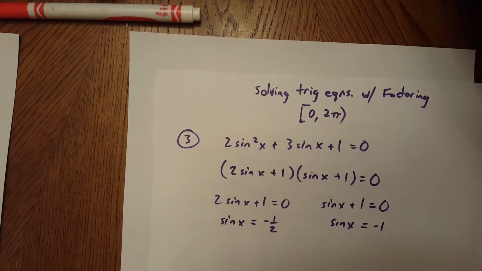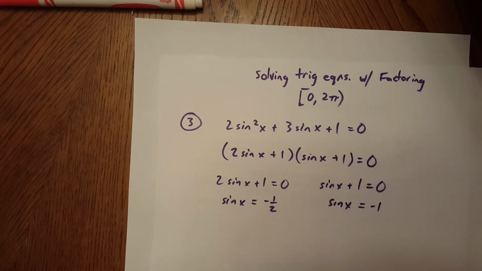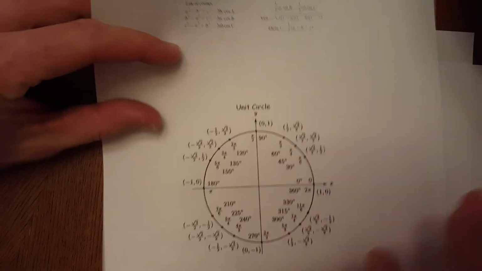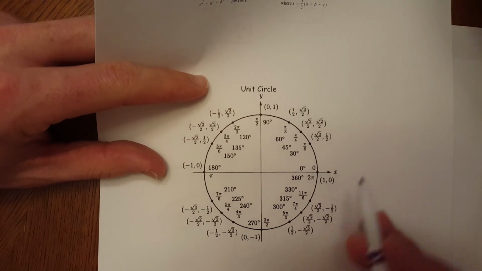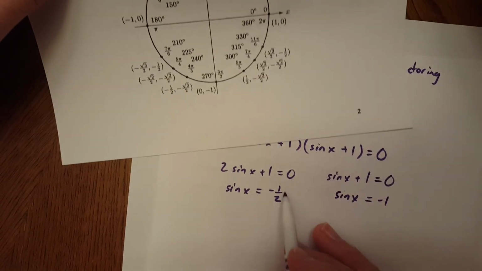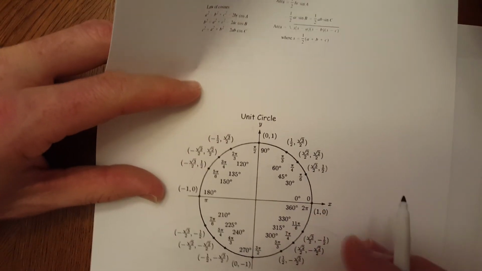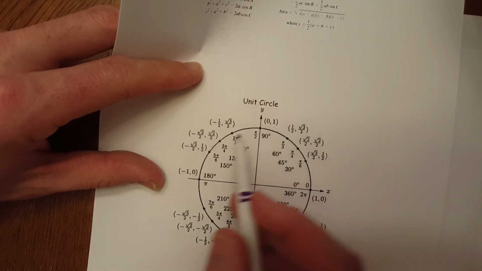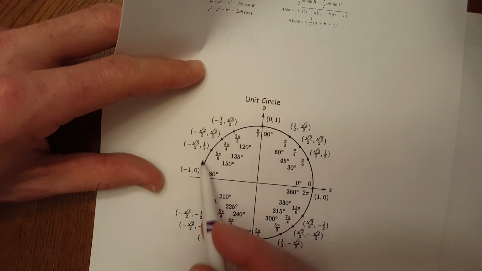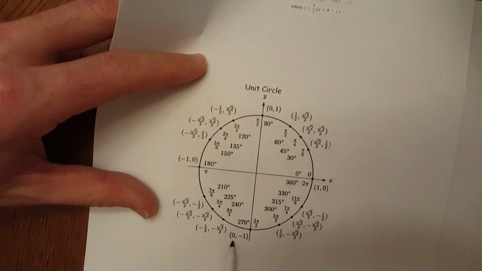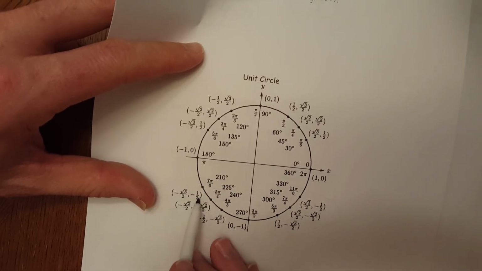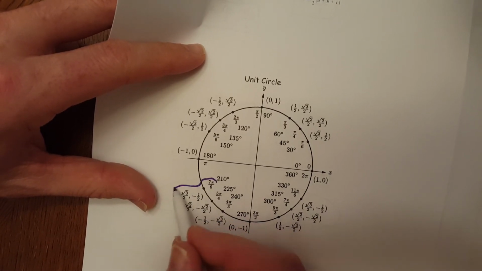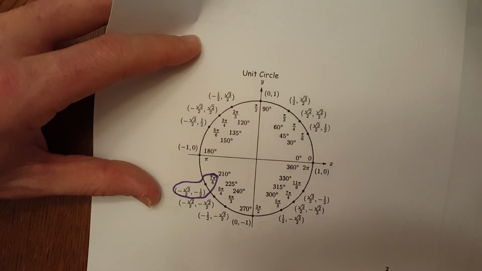Now we look at our unit circle and see if we can find what we're looking for. Remember that sine is the y value on the unit circle. So looking at this one here, where sine is the y value, we want to find out negative 1/2 to start with. And so looking at y values, we've got positives. That's not what we want. Over here we got positives, so we must need to go into this quadrant. Looks like third quadrant, we do have one with a negative 1/2 as a y value, so that's going to be one of our solutions, 7 pi over 6.